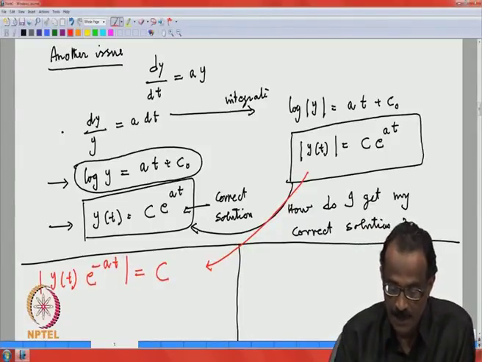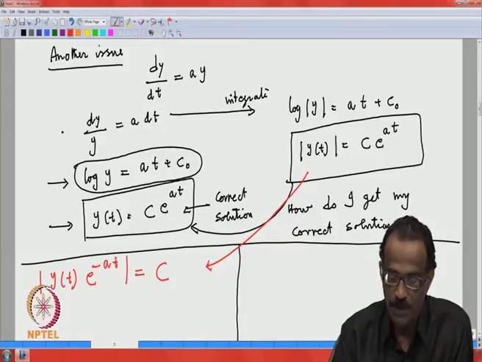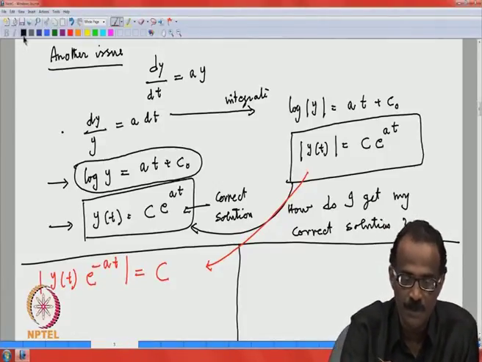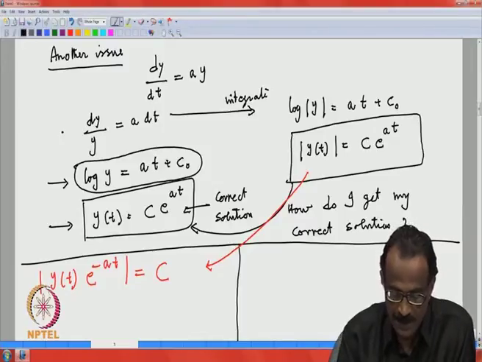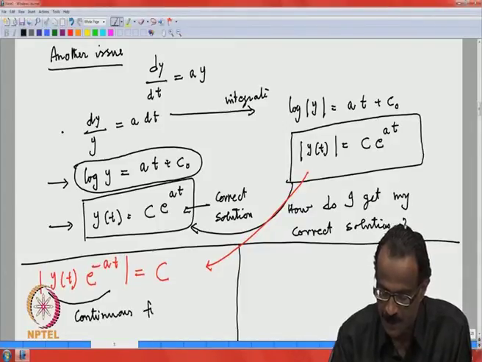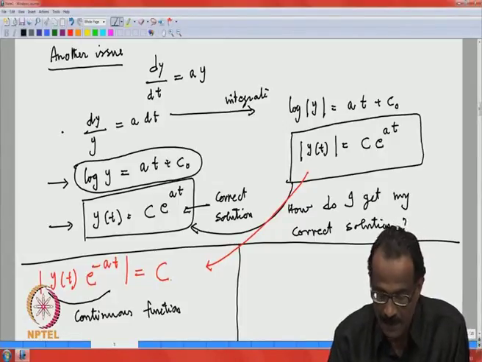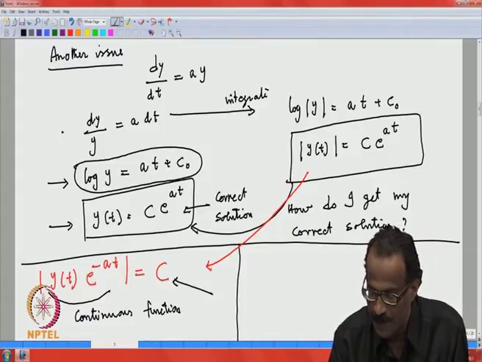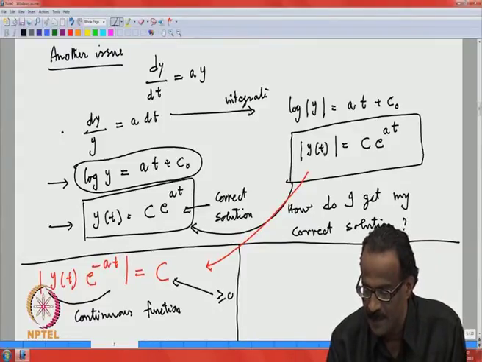Here again one needs to use one of the important things called the continuity of the function. So, this function being differentiable is a continuous function. And another thing, since this is a modulus, this formula is valid for C greater than or equal to 0.